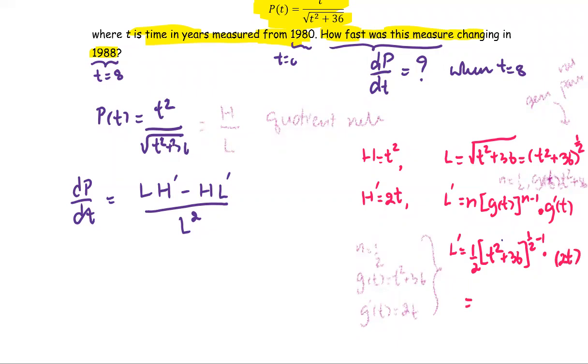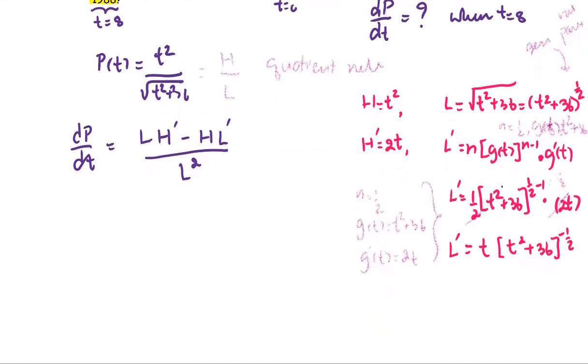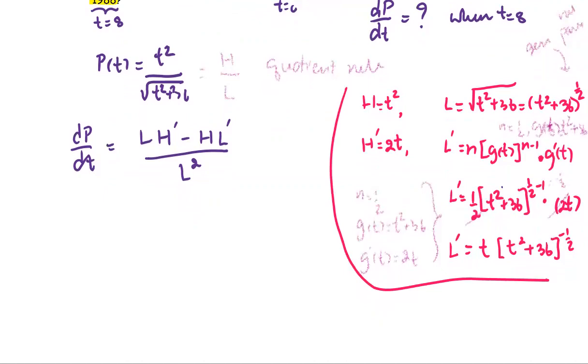After that, I'm going to simplify as much as I can. So 2 and 2 reduce, and the power 1/2 minus 1 becomes negative 1/2. I write it in a better form with t in front, multiplied by the quantity t squared plus 36 to the power negative 1/2, as the d low. I got all my prep work ready.